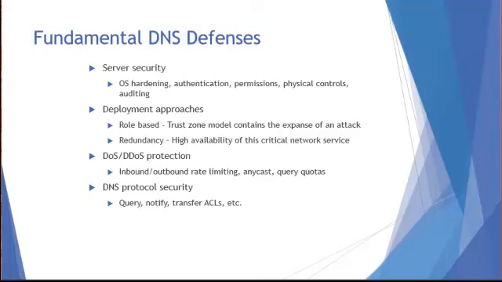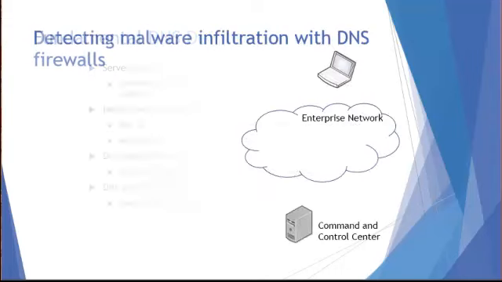Anycast addressing can help spread the attack across multiple servers sharing a common IP address, along with query quotas and similar things that your DNS implementation can provide to help with DoS, as well as network protections such as ingress filtering and quotas on general network traffic. And then DNS protocol security, in terms of the various allow-query types of ACLs that you can set at the DNS level, adds another layer of defense for your DNS servers.